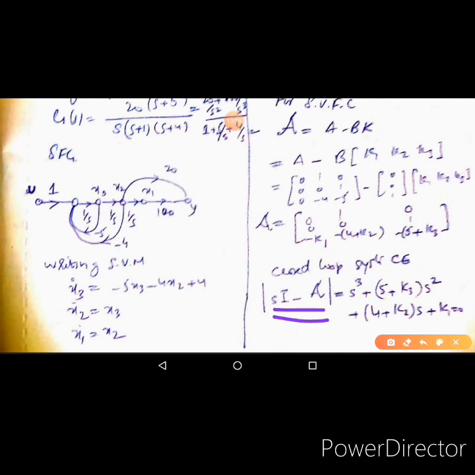When we equate that to 0, that gives us the characteristic equation. So we take the determinant of sI minus A, where A is the calligraphic A, and we put this A in this equation and take the determinant. We get this result, which has the unknowns K1, K2 and K3.